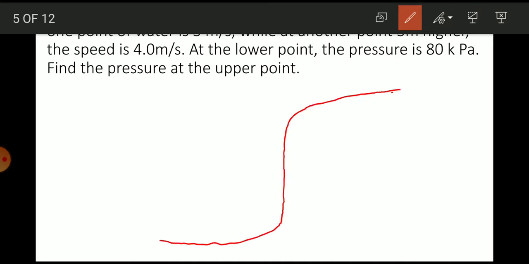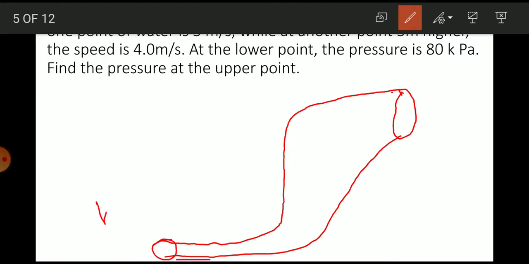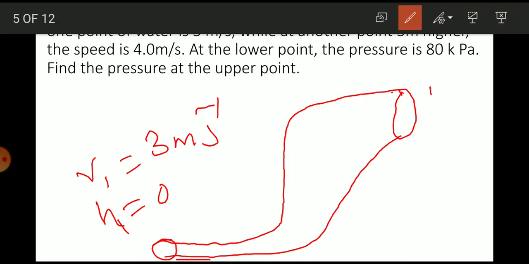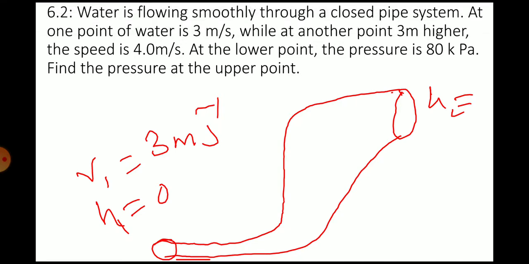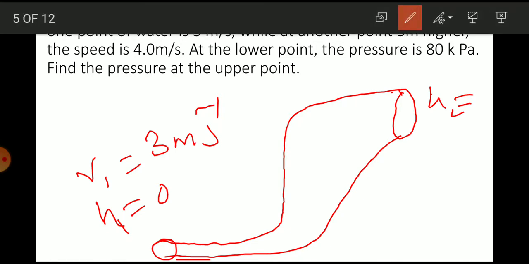These are the two ends of the pipe. Let's say here h1, v1 is 3 meter per second at this point, height is 0. Here h2 is 3 meter and velocity at this point is v2, which is equal to 4 meter per second.